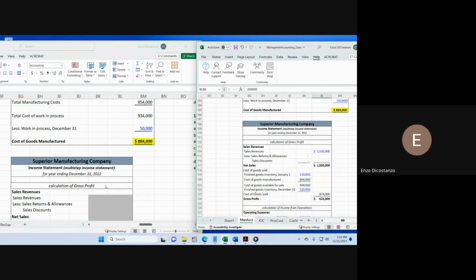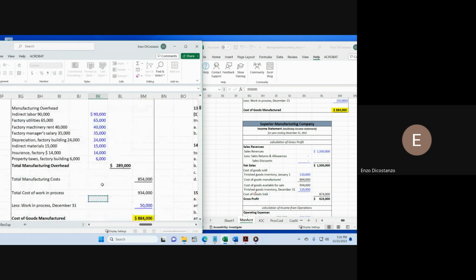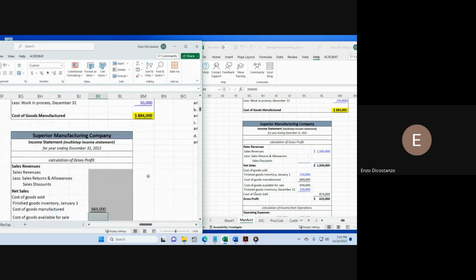That number, when you look at your income statement, that 884, this is cost of goods manufactured. That equals that 884. That's where that comes from. See? Right there.